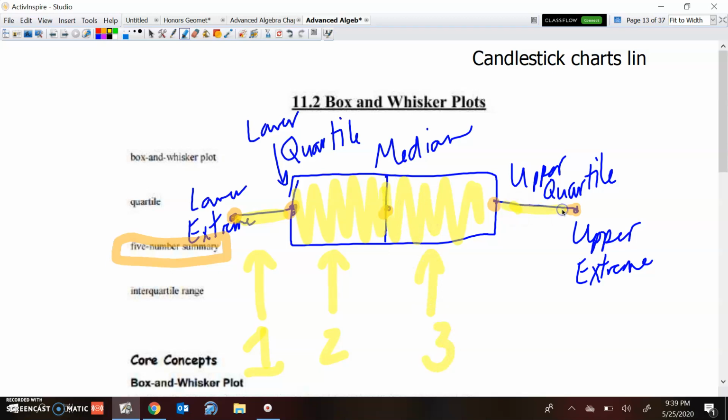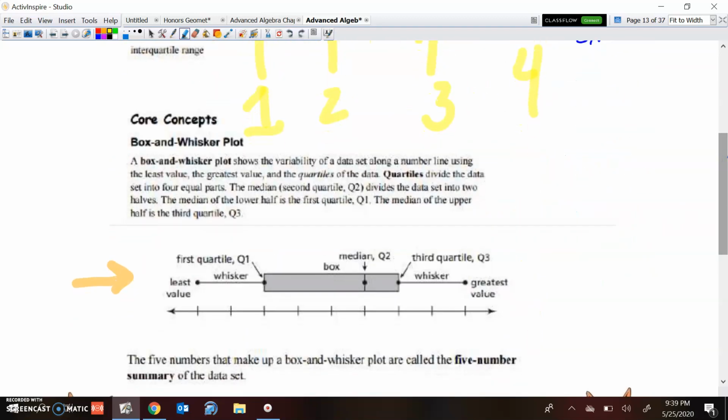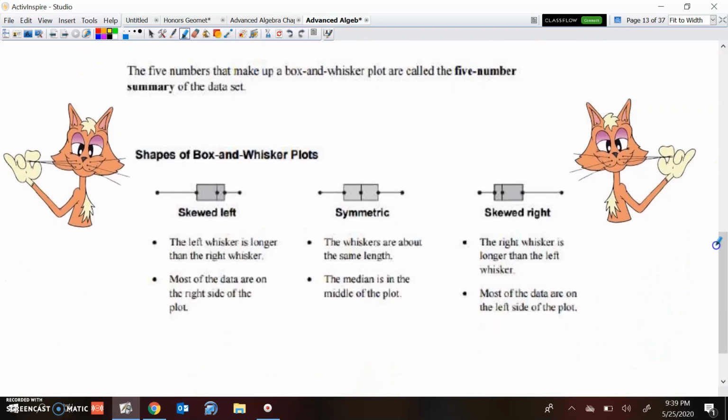And this is my fourth in terms of my portions of my entire box and whisker plot. Okay. And they have all of that spelled out for us here. Now they use Q1 to represent this lower extreme. The median here is Q2 and this is Q3 to represent that upper extreme. Okay, so that's our 5-number summary like we said.